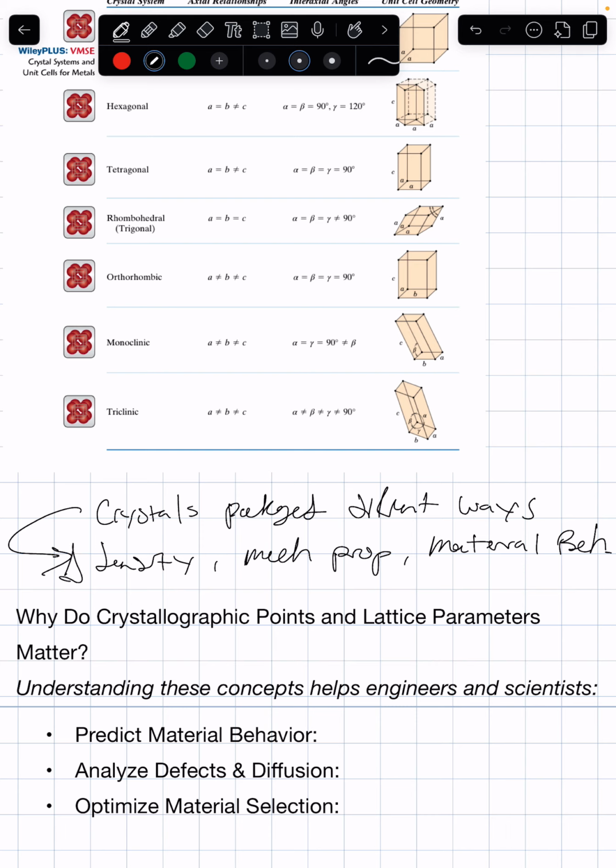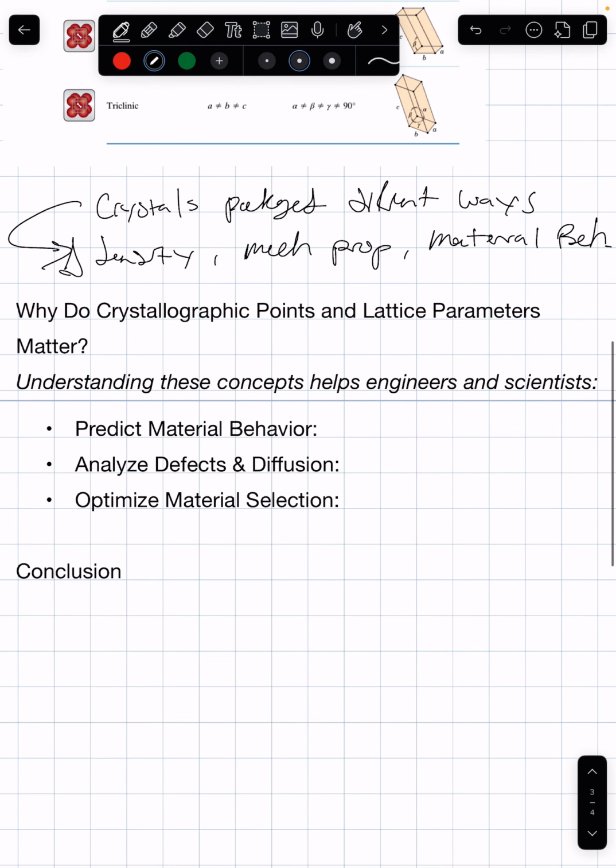So when we think about, why do crystallographic points and lattice parameters matter, we need to know these attributes because at the end of the day, they help us understand and predict how materials will react in specific situations, right? So FCC metals like aluminum have slip planes, making them more ductile, whereas BCC metals like steel have fewer slip planes, meaning that they are stronger and less ductile, right?